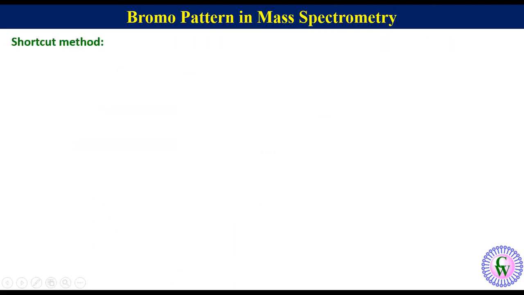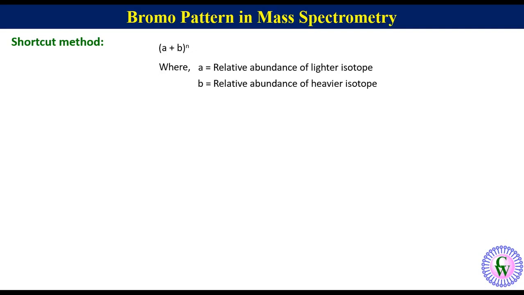Now we will discuss a shortcut method to find the Bromo pattern in mass spectrometry. We can find the Bromo pattern by the formula (A plus B) power n, where A is the relative abundance of the lighter isotope and B is the relative abundance of the heavier isotope. Let's discuss case 1 in which there is only one bromine atom in a molecule.